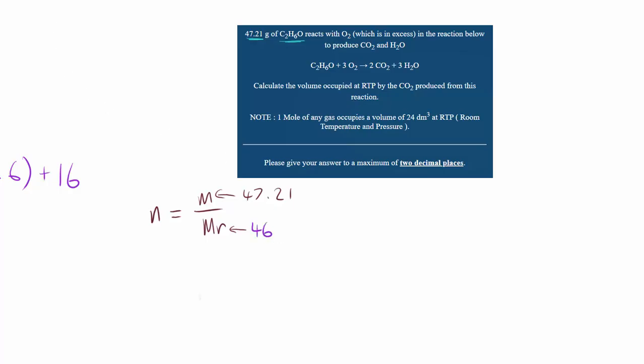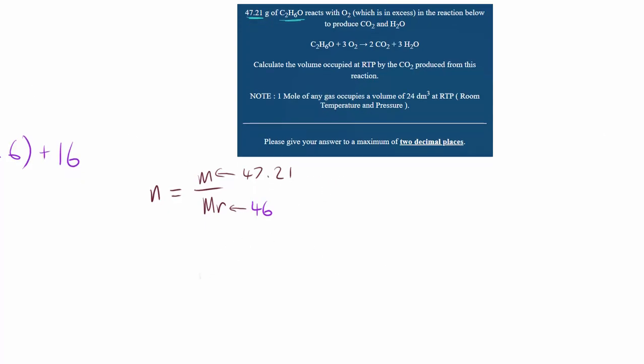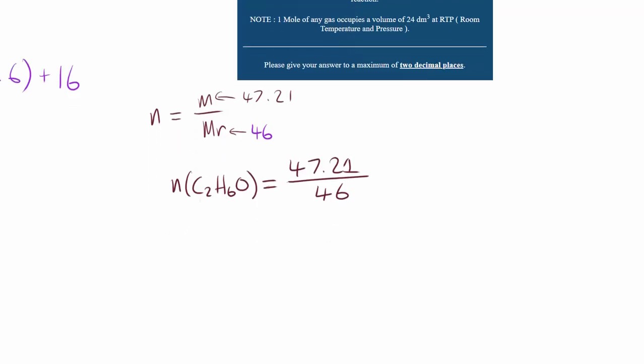Now, if we plug these values in and run that calculation, we will be able to work out the number of moles of C₂H₆O. The number of moles of C₂H₆O is 47.21 divided by 46. What's that going to give you?